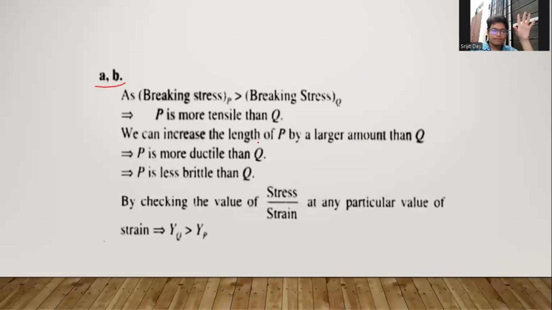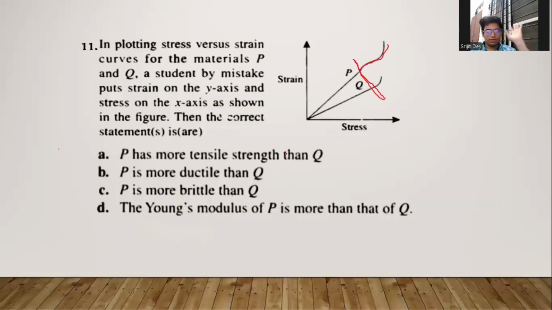Thus, you have to understand that the elongation on the straight line continued more for P than Q, thus P has more breaking stress than Q. Thus P is more tensile, or it can take much more weight than this, or Q is much more brittle than P. So that's absolutely simple. Okay, so the answer will be A and B.